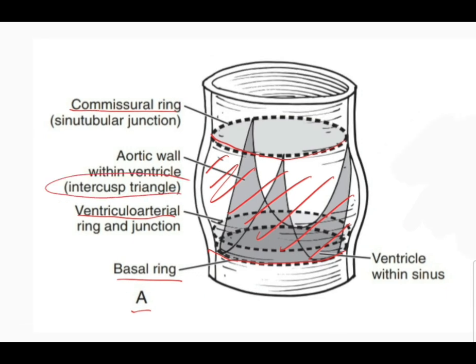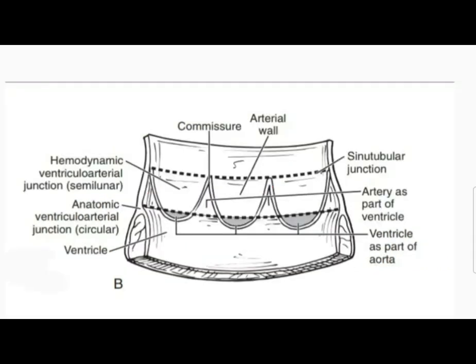And the intercusp triangle: the triangular space between the leaflets that is technically part of the ventricle but located within the aorta. If we look at part B, we can see first the hemodynamic ventricular-arterial junction, and then the functional and anatomic junctions.